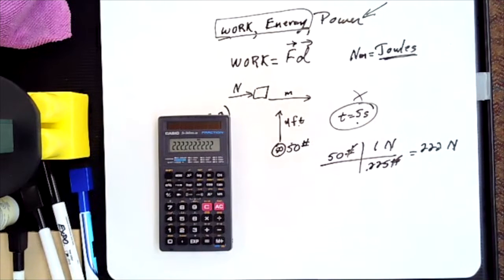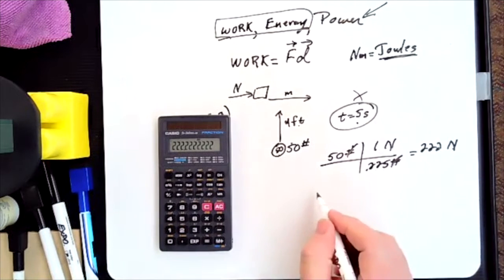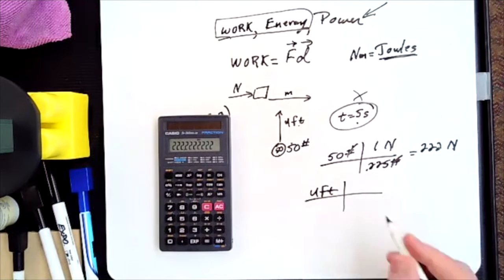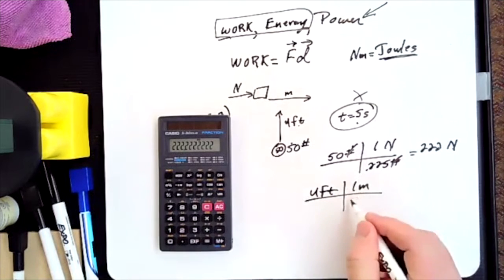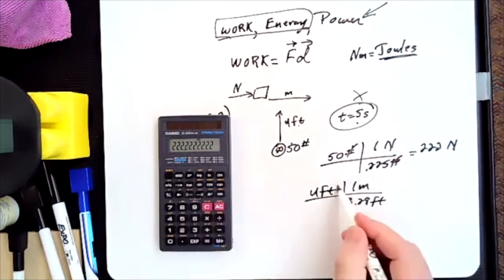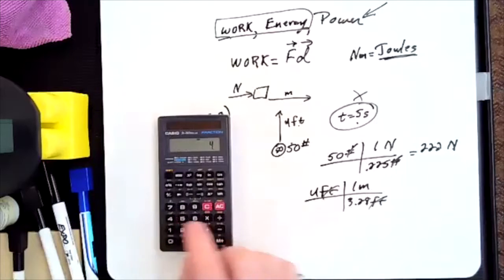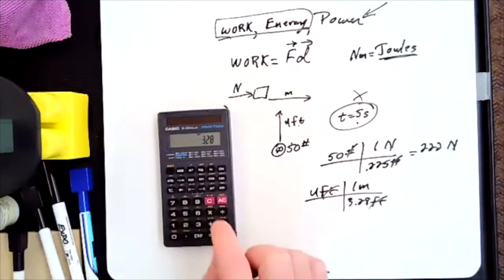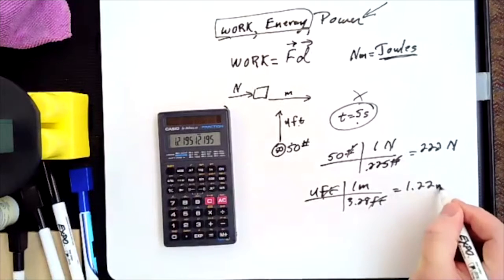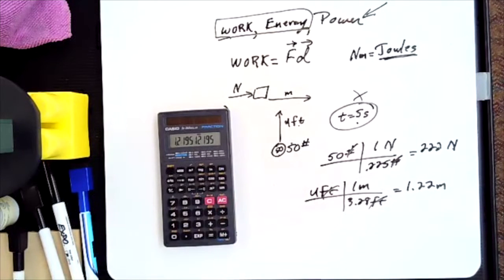Okay, and then we have 4 feet. And the conversion says 1 meter is 3.28 feet. So feet would cancel, right? I can do 4 divided by 3.28, and I get 1.22 meters is how far it's going to get lifted.